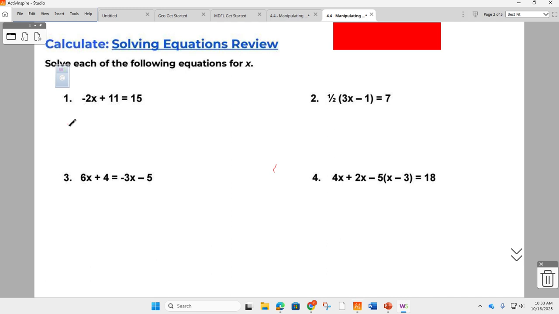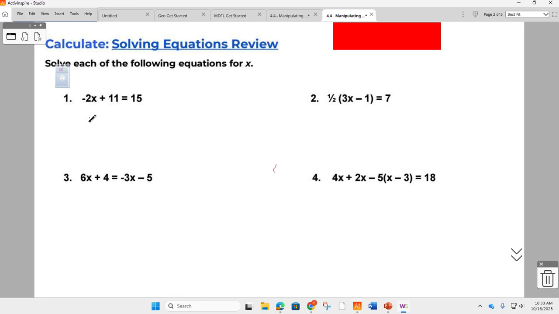Yeah, so -2x plus 11 equals 15. So when we solve an equation, we have to undo what's happening to the variable. Do you guys remember having it described that way? We're going to undo adding. Is there anything else we need to undo? Because when Kate read it, and every person that has to read this equation reads it the same way, -2x plus 11 equals 15.